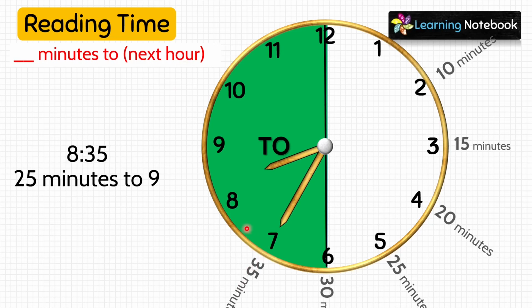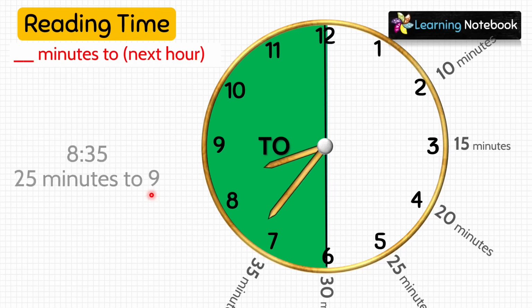So how many minutes are remaining to next hour? Which is the next hour? 9. So 25 minutes are left to next hour 9. So we will read this time as 25 minutes to 9.